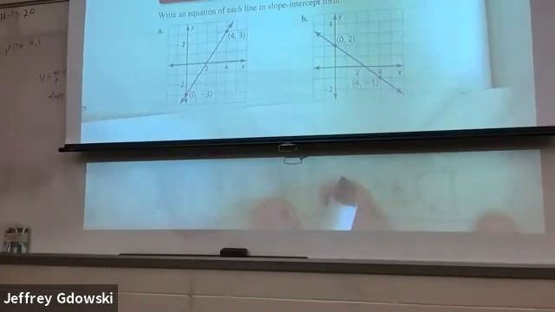What's your slope? What's your intercept? What's your equation? The first one I got y equals 1/2 x plus 2. For b I got plus 2.